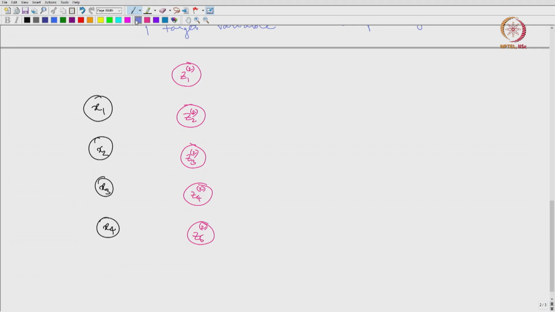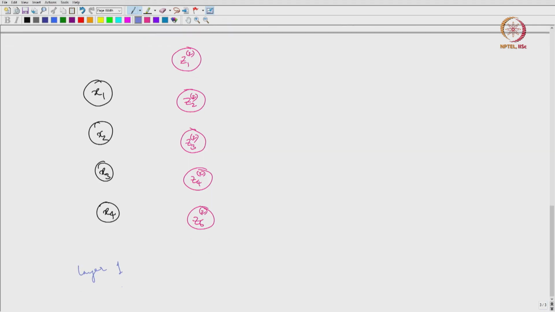So we have 3 layers. This is layer 1, which is the input layer, then this is layer 2, and then we also have the output layer, wherein, as I said, we have only one target variable. So let us draw that out as well.